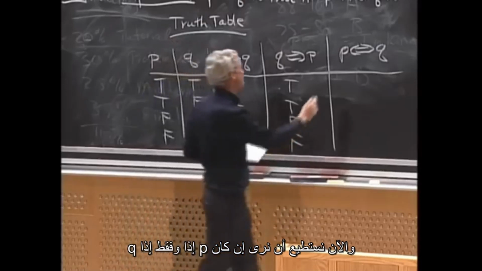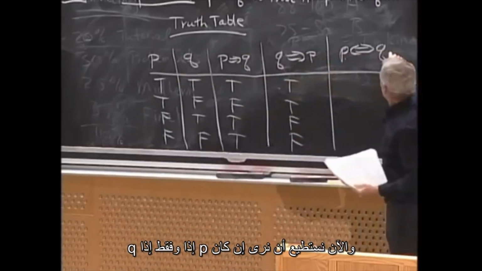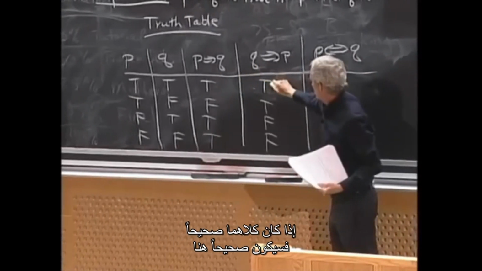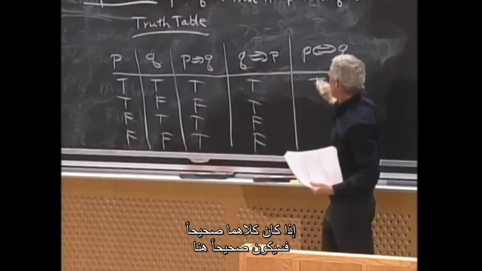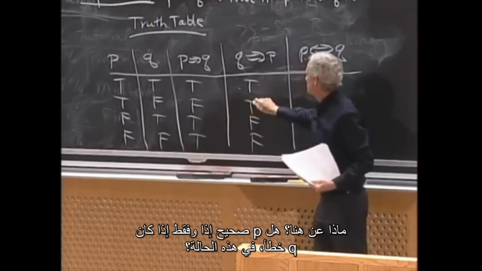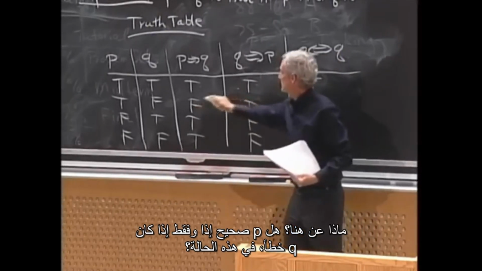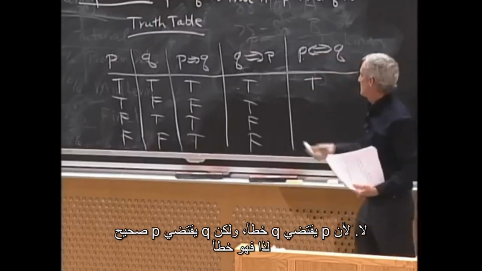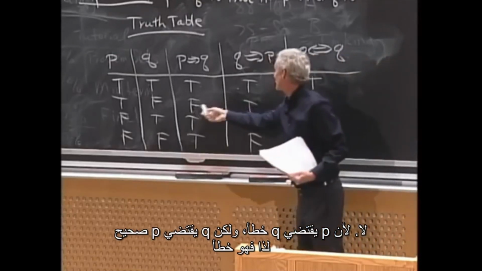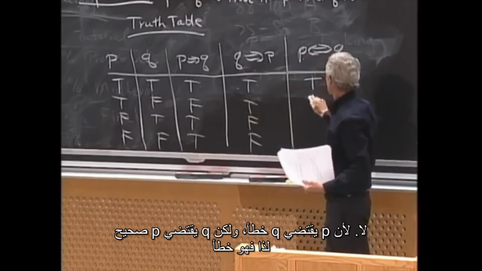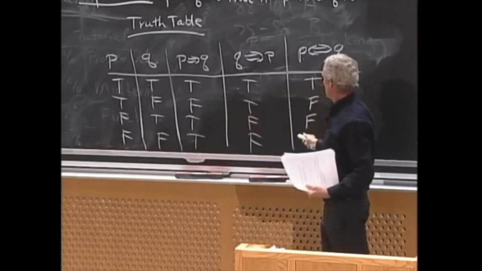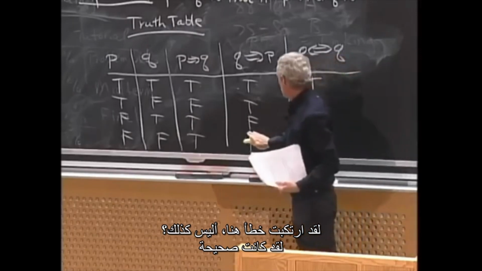And so now we can see where P is if and only if Q. If they're both true, then it's true here. What about here? Is P true if and only if Q is true in this case? No, because P implies Q is false, but Q implies P is true. So it's false here. I made a mistake there, right?